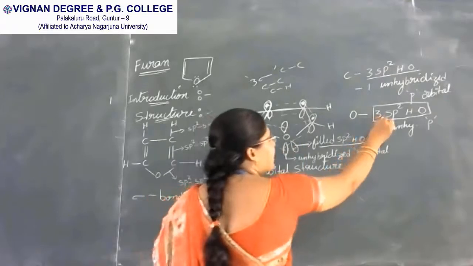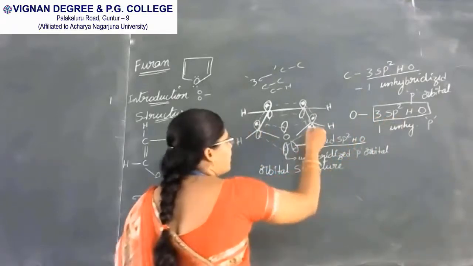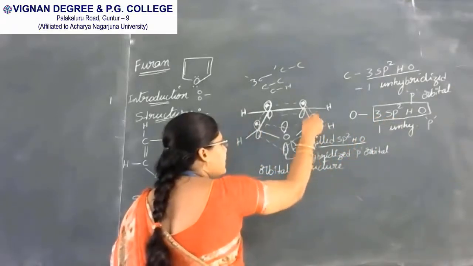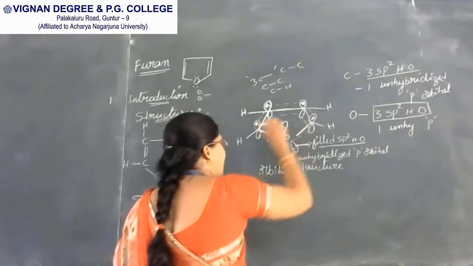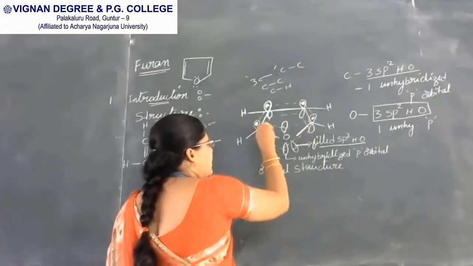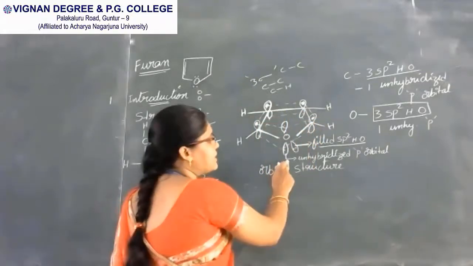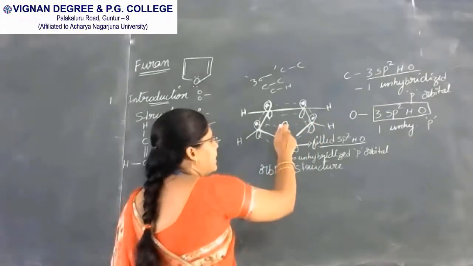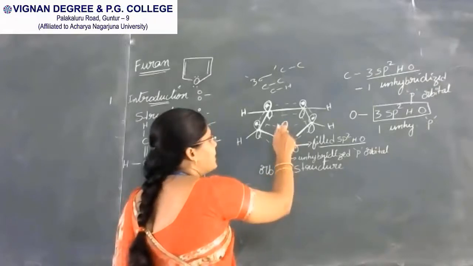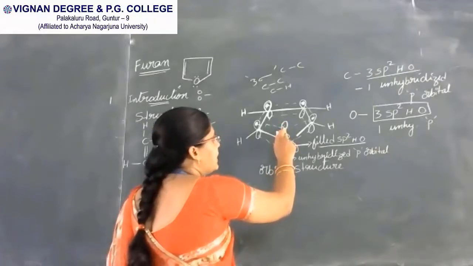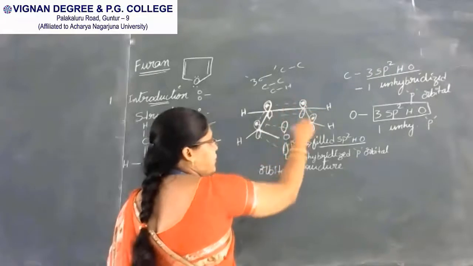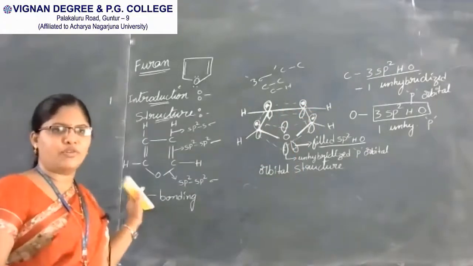And the remaining 2 sp2 hybridized orbitals form sigma bonds with the adjacent carbon atoms, one is this bond and also this one. The unhybridized p orbital contains a lone pair of electrons. These lone pair of electrons are involved in delocalization. This is about the structure of furan.